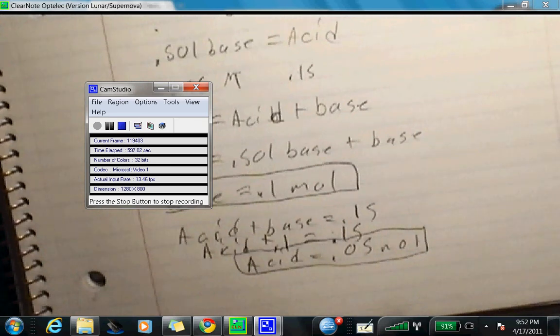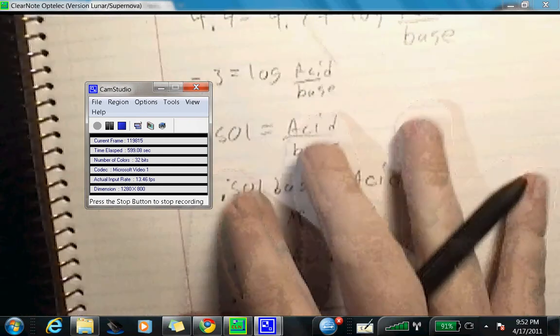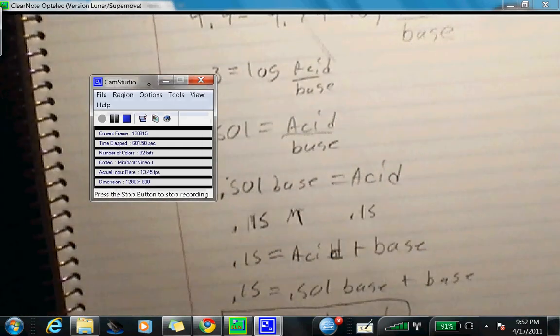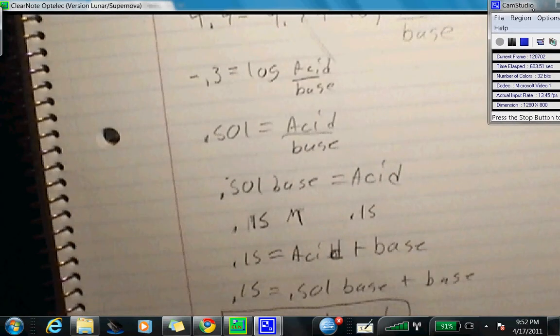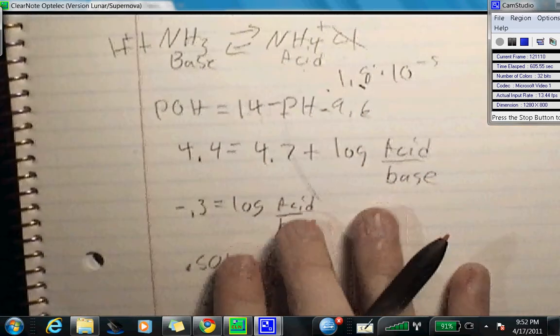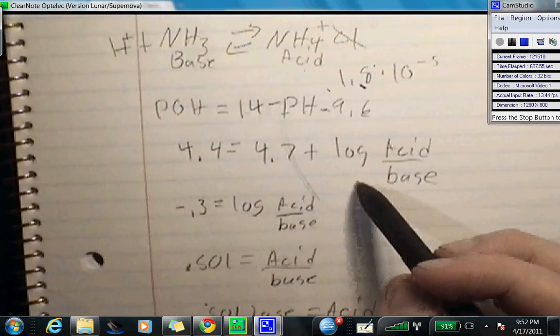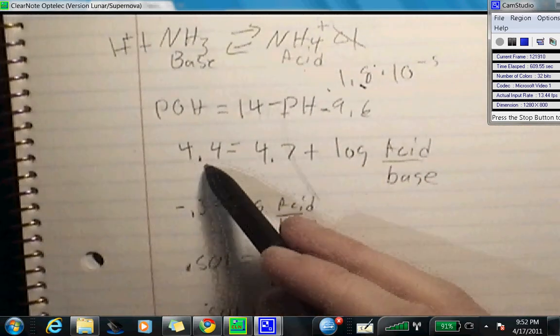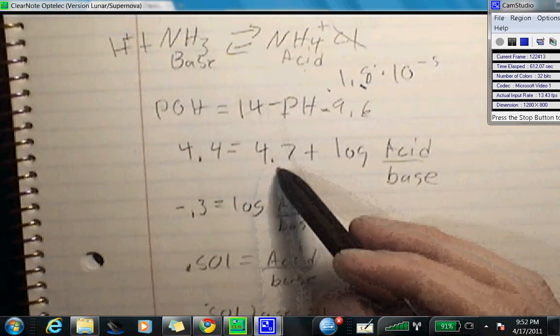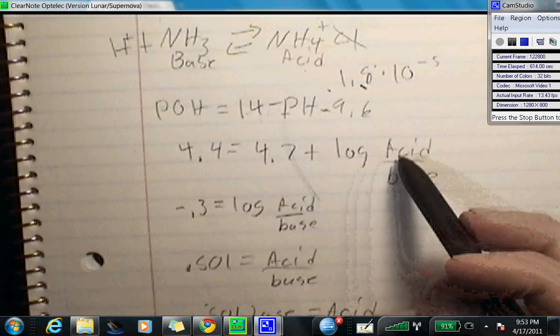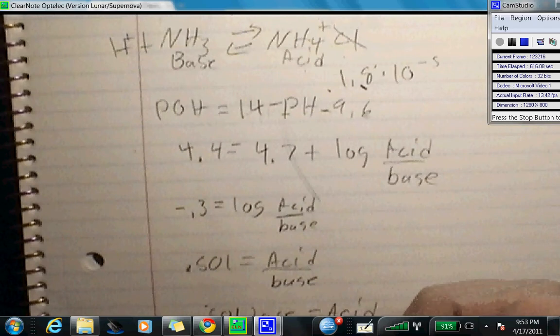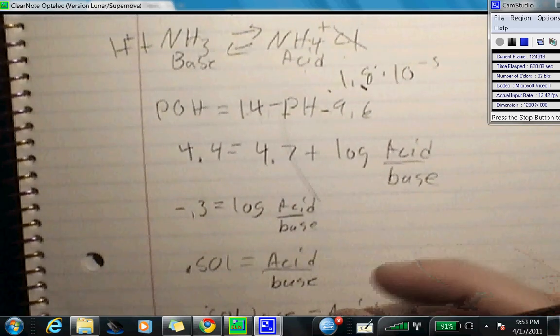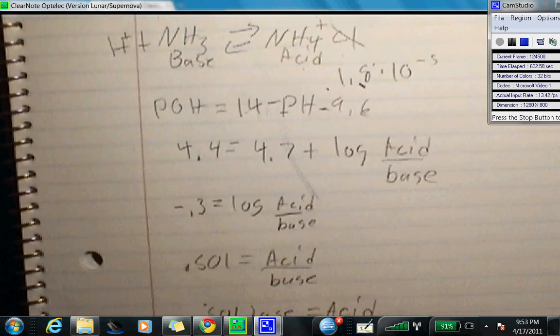So if you just learn how to do that correctly, which is kind of up here, this is the pOH equals the pKb plus the log of the acid over the base. So, okay, hopefully that helped out.